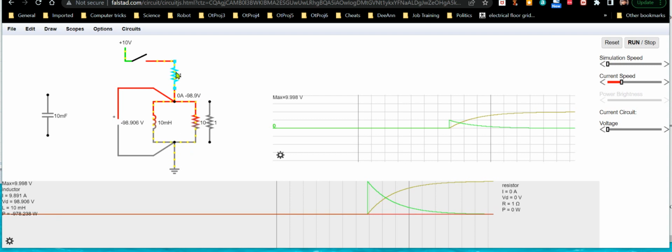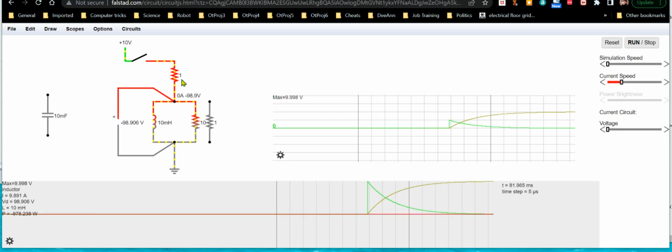That's why it takes longer for a small resistor to charge an inductor than a large resistor, because you're storing more energy in the inductor, but it can only, because of its current limit, which is based on its inductance, the rate of current increase is directly proportional to the actual inductance in henries.